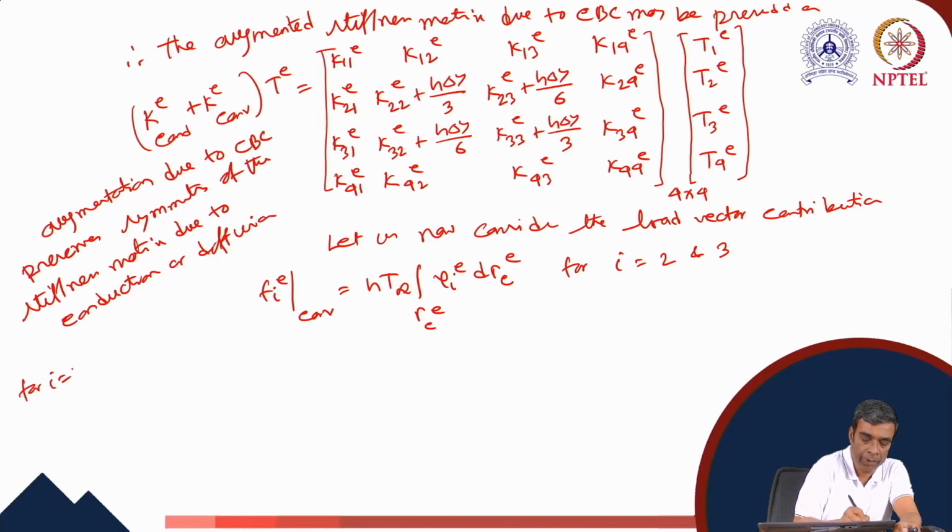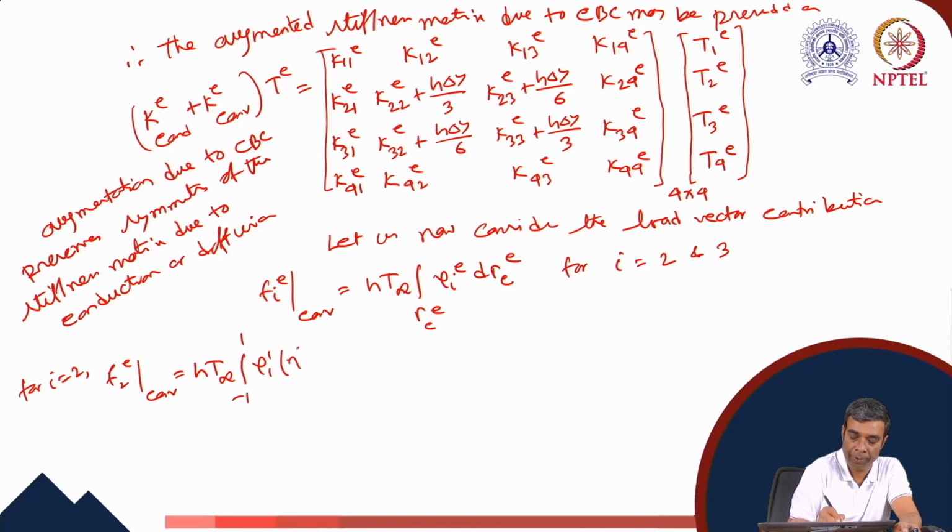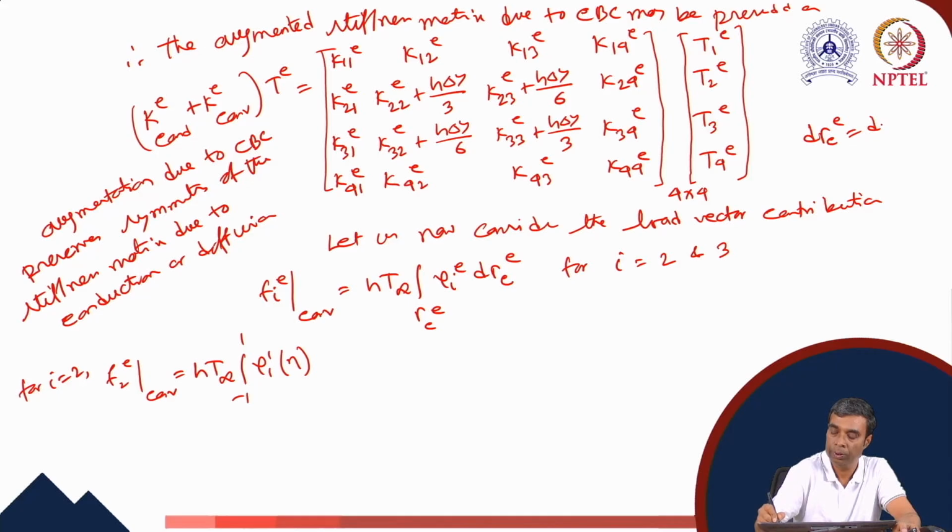For i equals 2, F2e convection equals h T infinity integration from -1 to 1 of psi 1e(eta) d gamma ce. Here d gamma ce is dy, which equals the determinant of the Jacobian matrix into d eta, equals delta y by 2 into d eta.